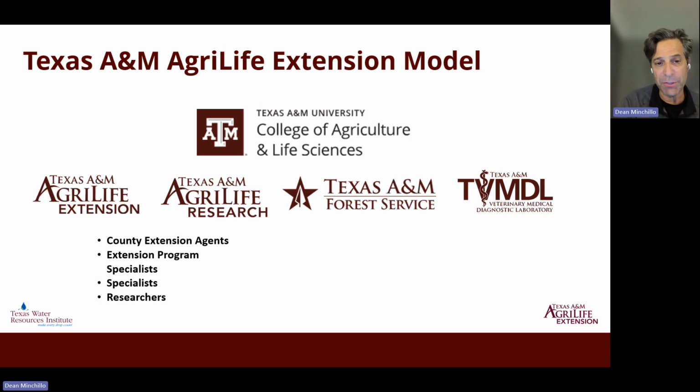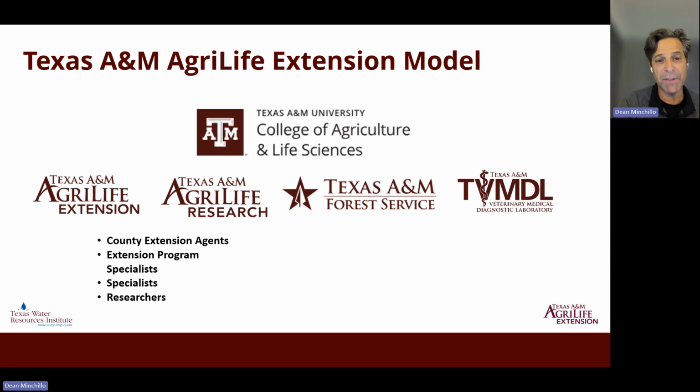And then we have researchers, which are in the labs doing the actual research, or they're in the field doing the actual research. So we have the College of Agriculture and Life Sciences, which is the umbrella, and then under the umbrella is AgriLife Extension, AgriLife Research, Texas A&M Forest Service, and the Veterinary Medical Diagnostic Laboratory.